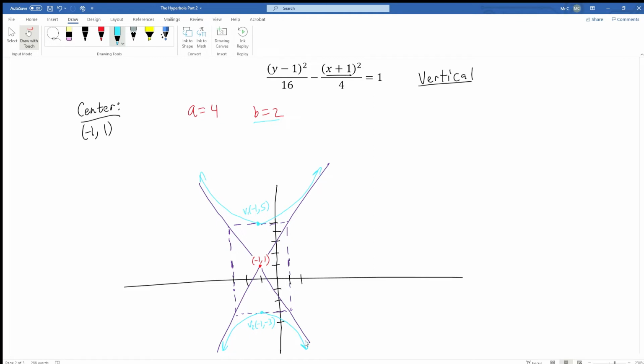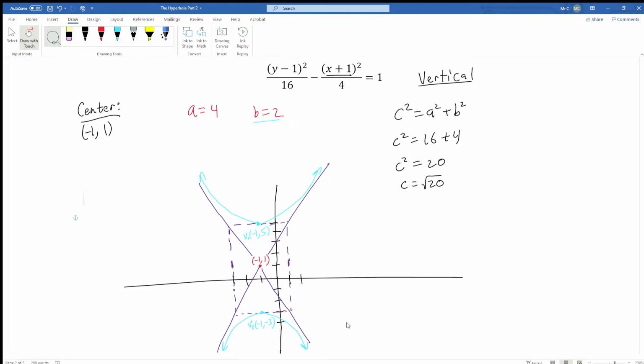And I would also like to find my foci, so that means I need c. So c squared equals a squared plus b squared. So c squared is 16 plus 4. C squared is 20. C is the square root of 20. Okay, so the square root of 20 is a little bit bigger than 4, but not as big as 5.